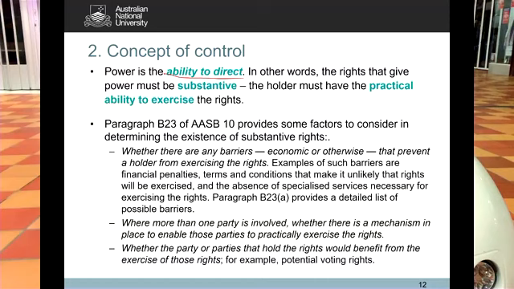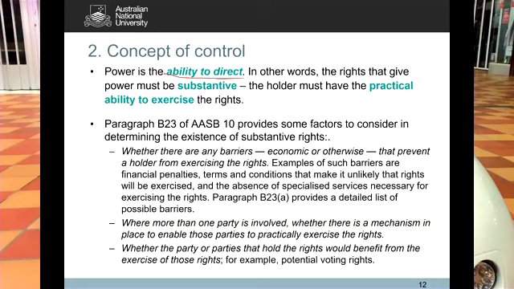For example, you have the voting rights, but you need some specialized service to make sure the rights can be exercised, and that specialized service doesn't exist. Then you wouldn't have those rights. That's not the practical ability to exercise the rights.